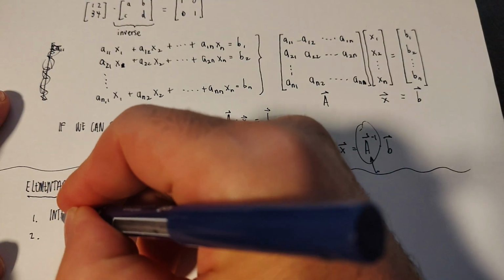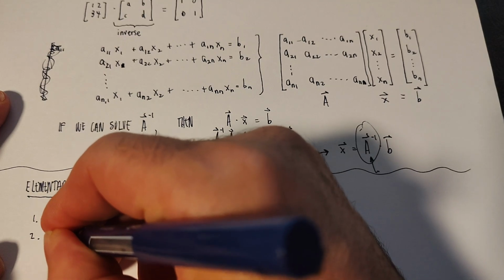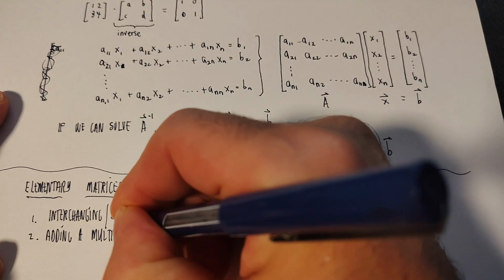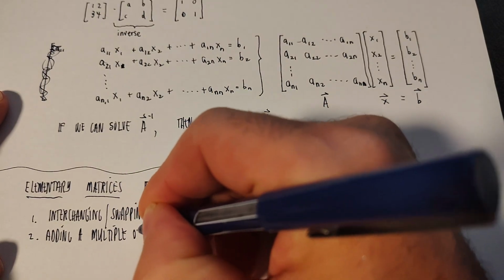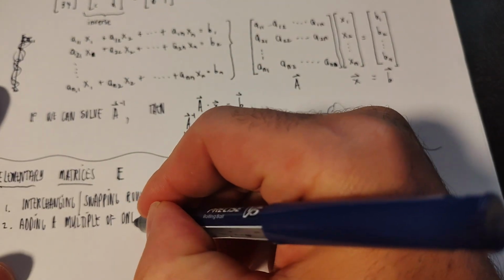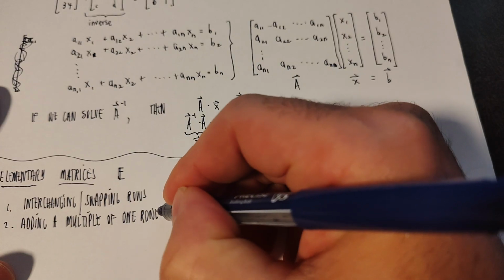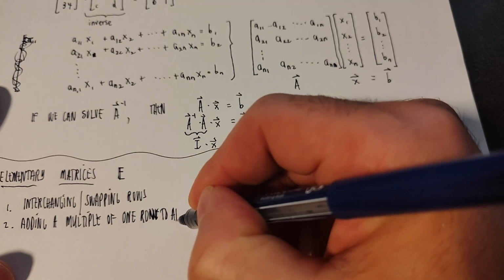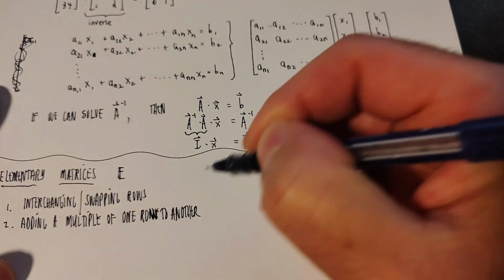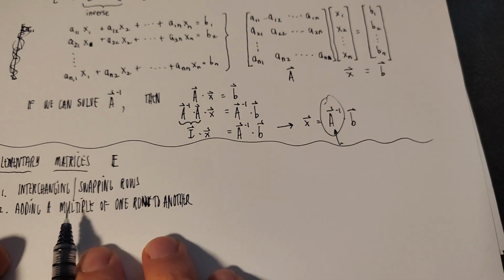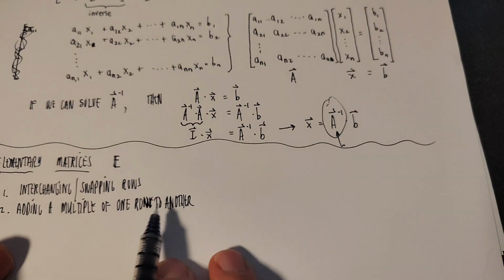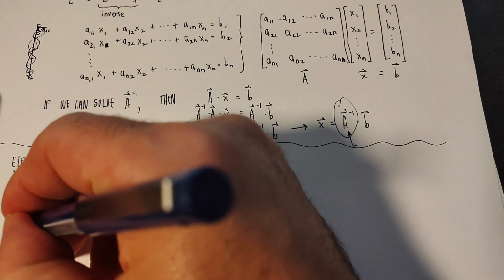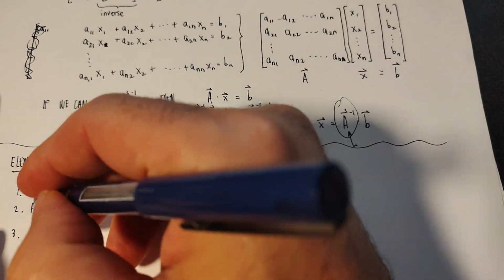So adding a multiple of one row to a different one. And don't forget, when we say adding a multiple, that multiple can be -1, so we can allow for subtraction here with operation 2. And then number 3 is multiplying a row by a non-zero scalar.